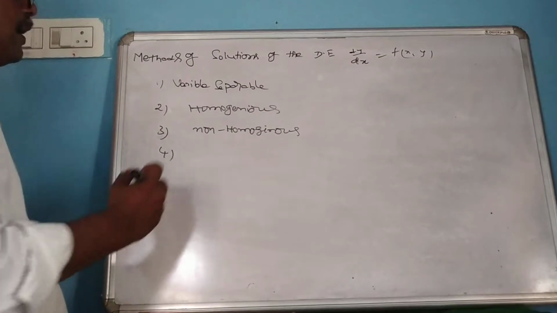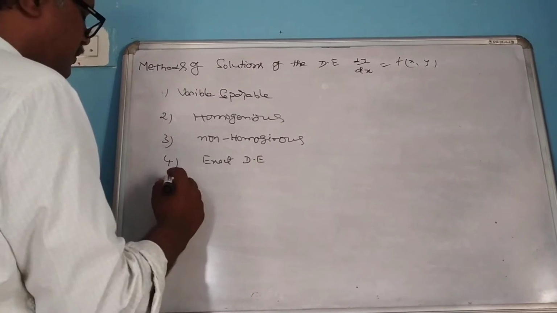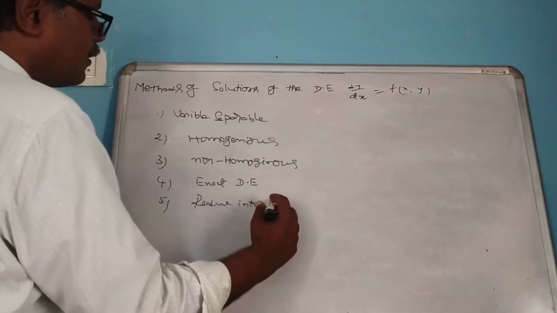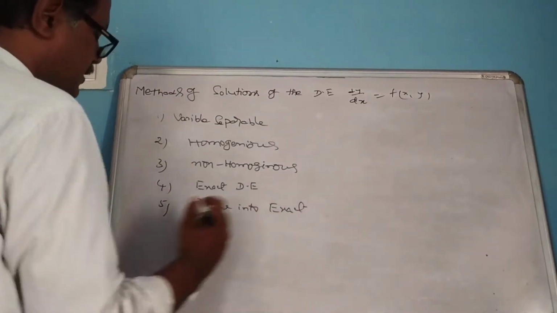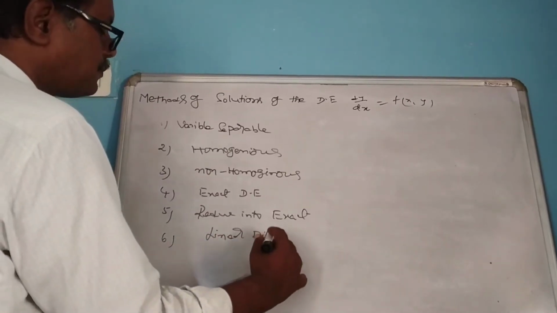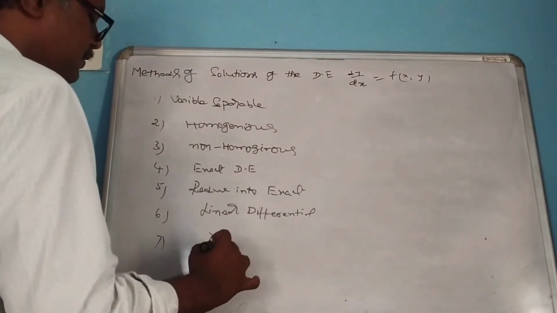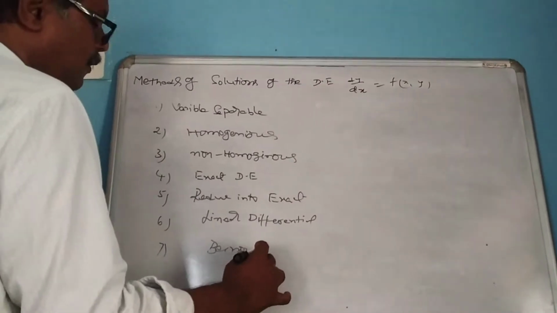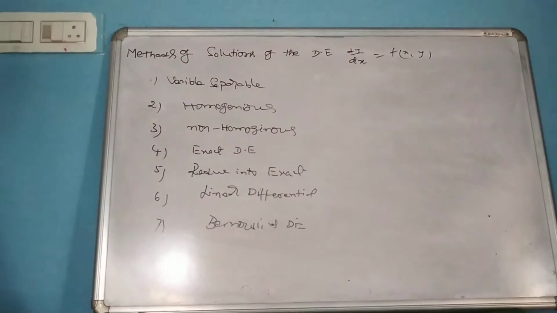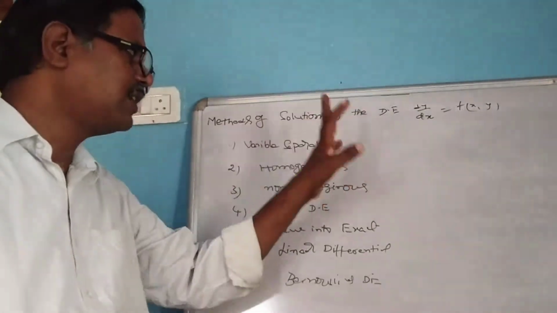Fourth one is exact differential equation. Fifth one is reduce into exact. Sixth one is linear. Seventh one is Bernoulli's differential equation. By using these 7 methods, this differential equation, first order, first degree, can be solved.